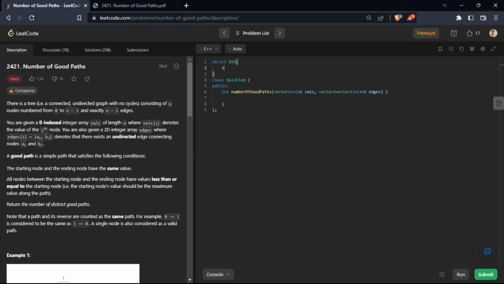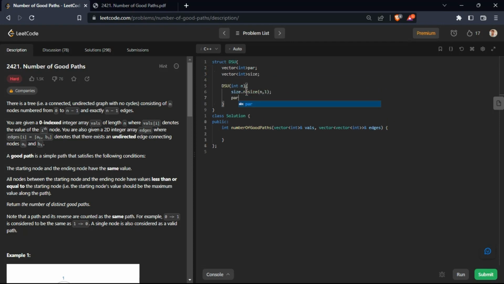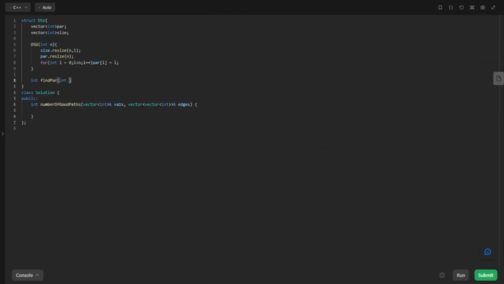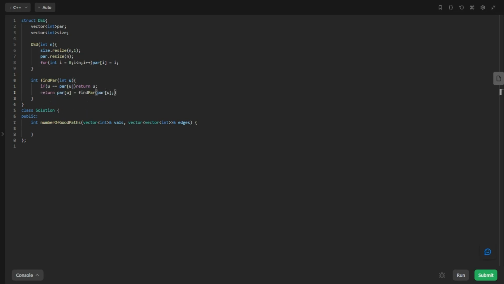So let's code this DSU first. We will find the parents of two nodes, and if they are equal, there is no need for merging. If they are not, we will merge them.